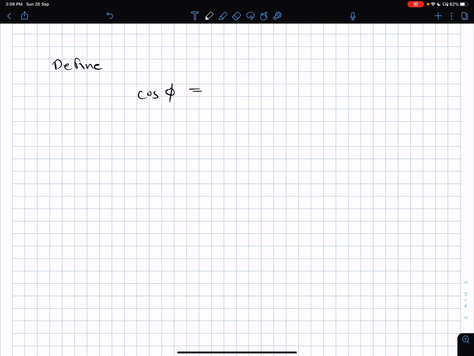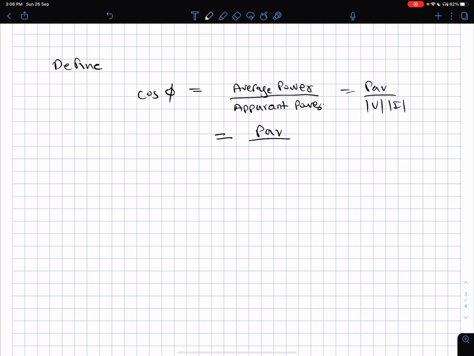It's written theta there, but I am going to write it here as phi, as the ratio of average power divided by apparent power, which is P average by, just to emphasize that we are looking at the magnitudes of the phasors, V RMS into I RMS. So in the DC case or pure resistor case, you could accrue as much power, but because it reduces by a factor of cos phi, this number is very intuitively called the power factor.